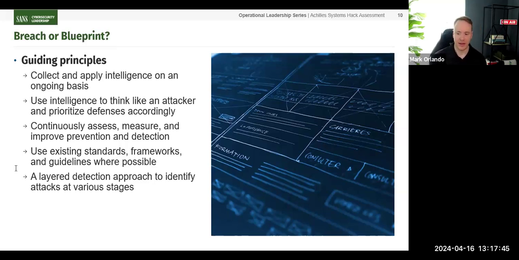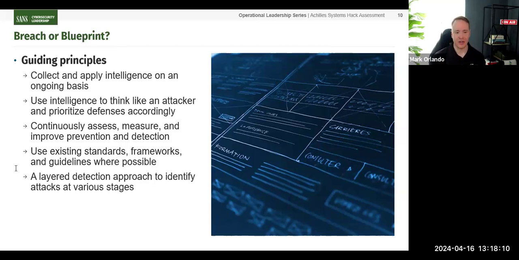What are the things in the Achilles environment that I might want to go after, like our critical SaaS application, like access to our customer networks, like sensitive customer data? We want to continuously assess, measure, and improve our prevention and detection, which means testing those on a repetitive basis.